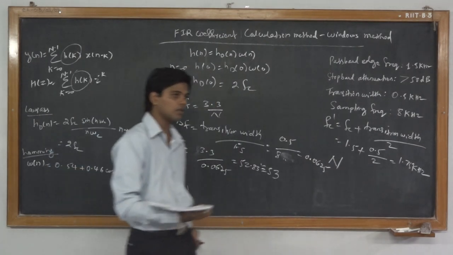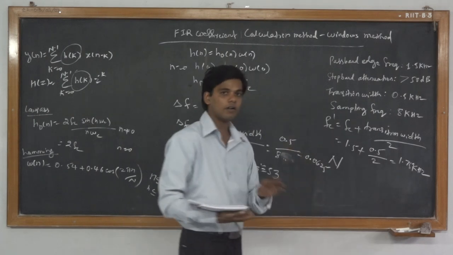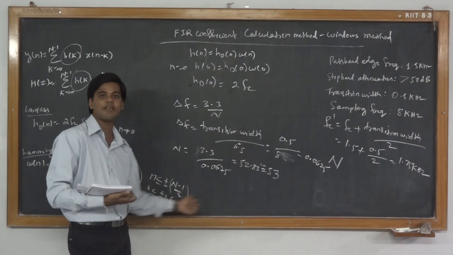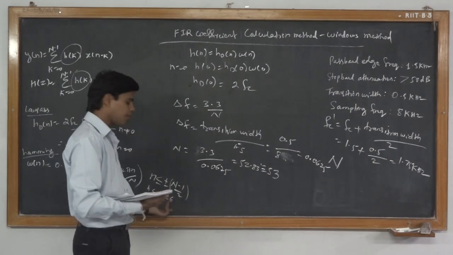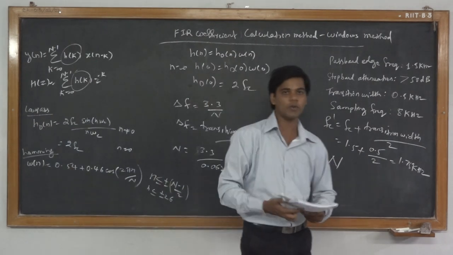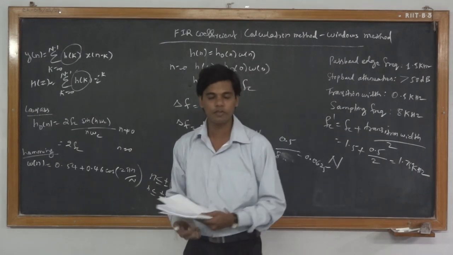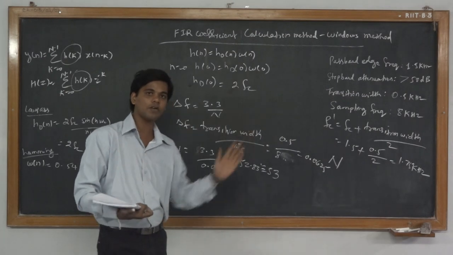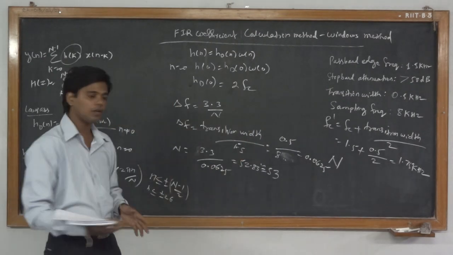But the good thing about this method is that the values are symmetrical to each other. Whatever the value at minus 26, it is the same value at plus 26. Whatever the value at plus 25, it is the same value at minus 25. So in actuality, we need to find the values for n from 0 to plus 26.